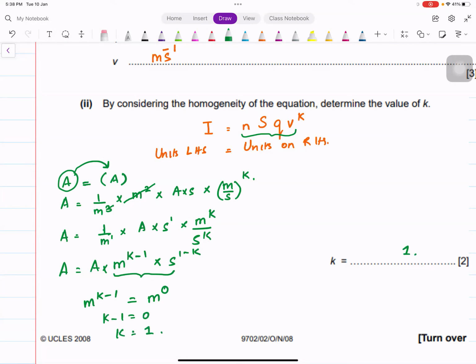Yes, sir. Right? So you can also do the same thing with s. So s to the power 1 minus k. If you want to remove s from the equation, then what you're going to do is put s0, which means 1 minus k equals to 0, and then k will be equal to 1.